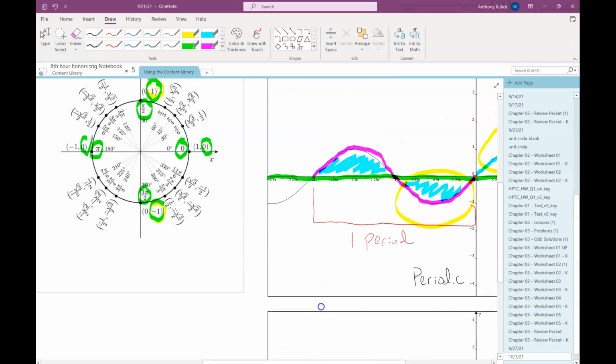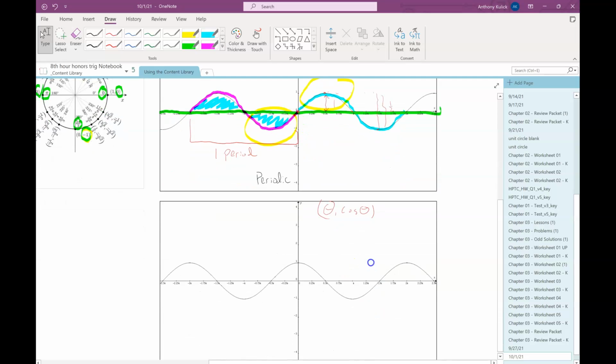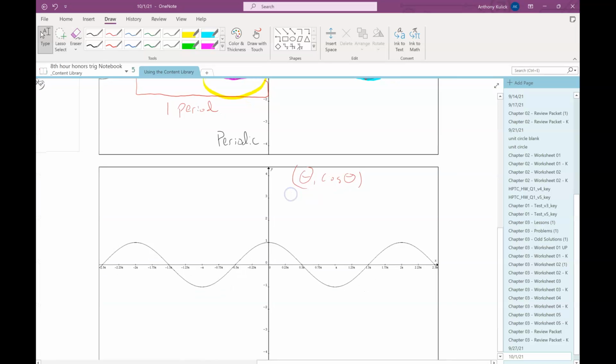I guess I kind of did when I labeled the point, the coordinates there. That's probably good enough. So I could generate the graph for cosine by doing the same thing I did before, by pulling an angle measure and then the output for cosine to generate my points. Everybody's okay with that idea? It's not something I'd ever ask you to really do by hand. I just wanted to explain what's represented here.